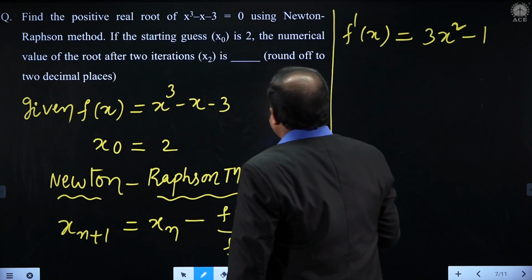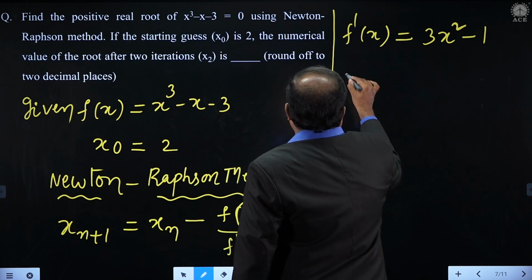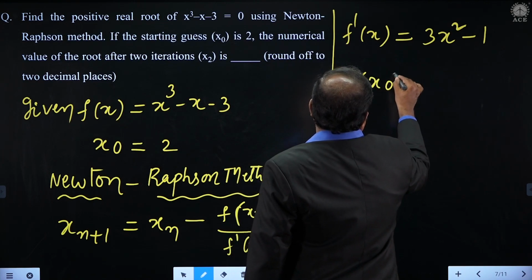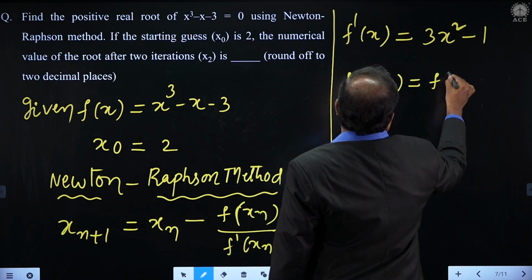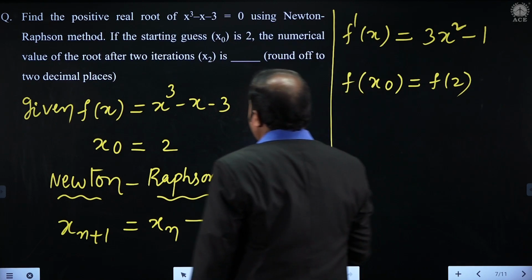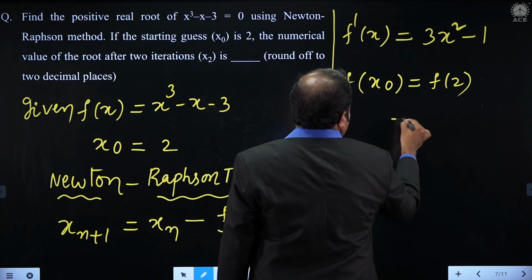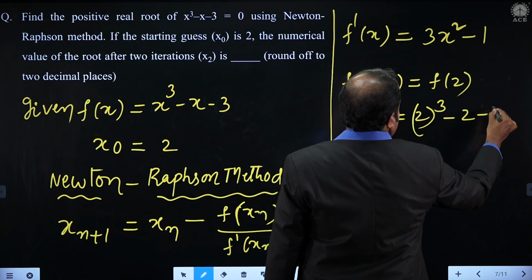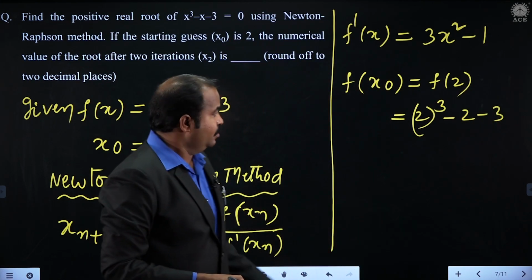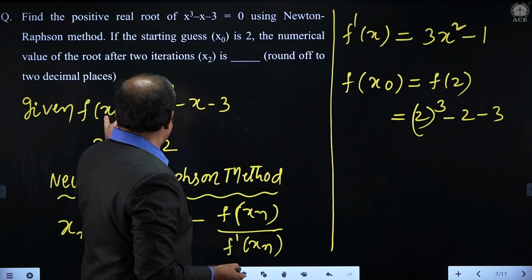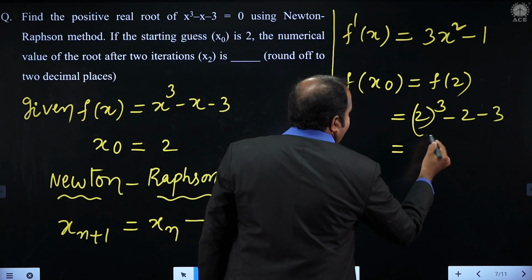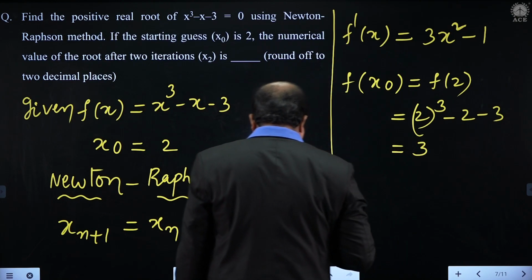Now f of x naught value. f of x naught means f of 2 value. What is f of 2 value? That is 2 cube minus 2 minus 3. Means put x value 2 in this function. 8 minus 5 equal to 3 only.